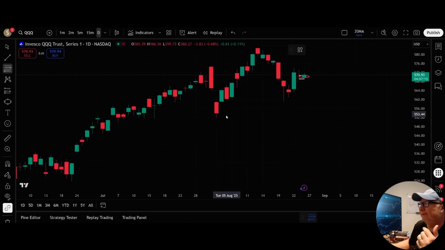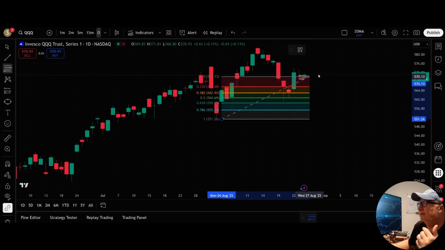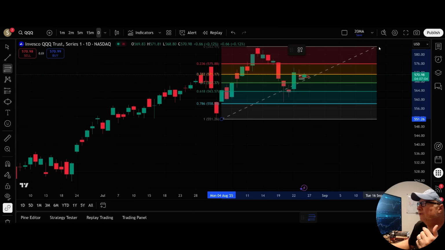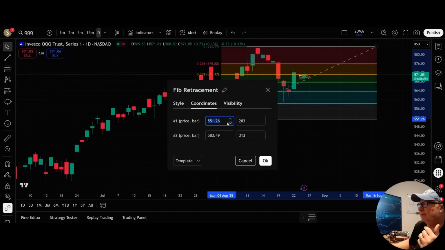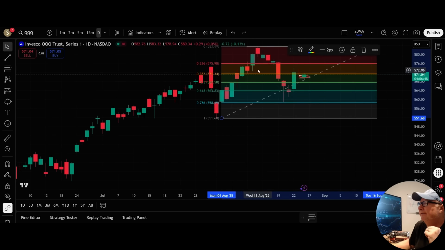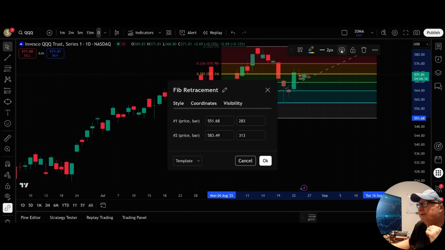Put the Fibonacci tool, which you can find over here on the left in TradingView, on your chart, and mark the high and the low. The low is 551.68. The high is 583.32.